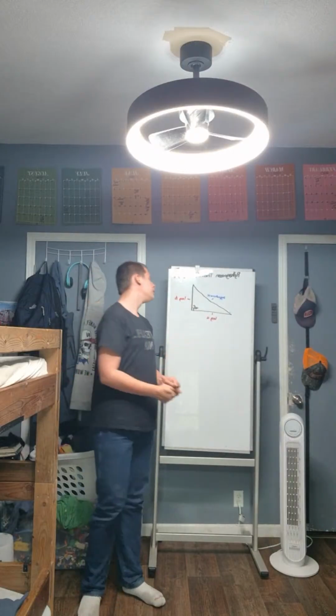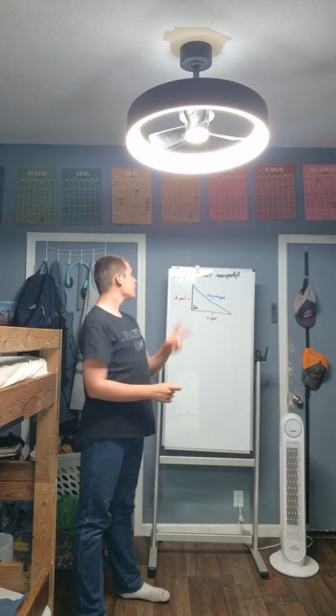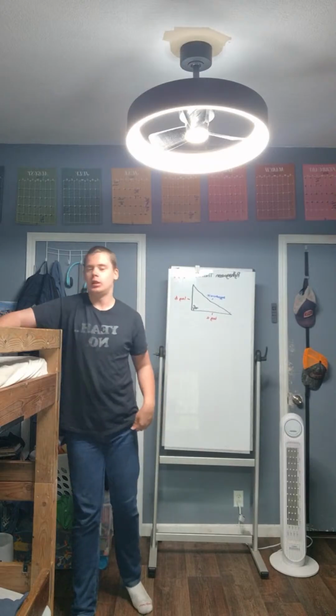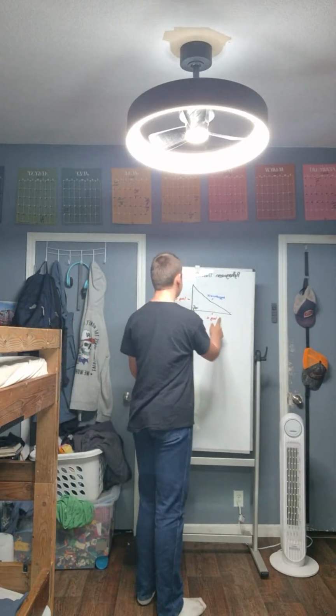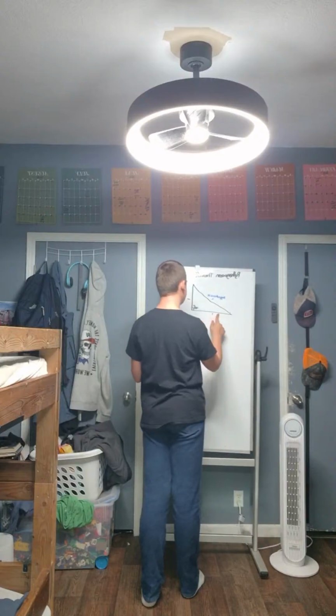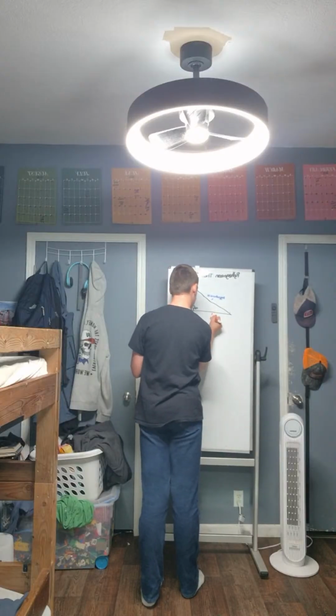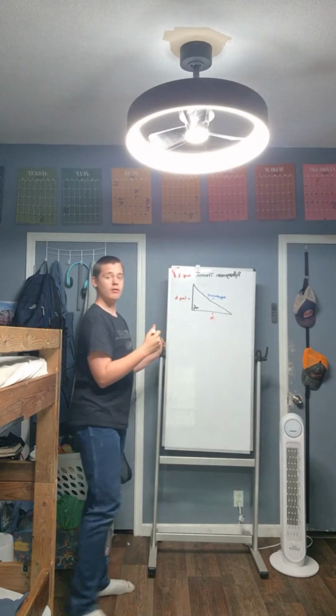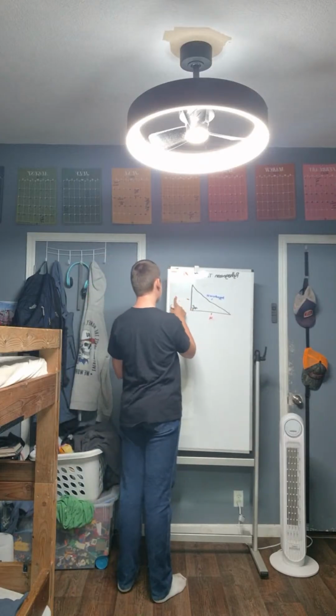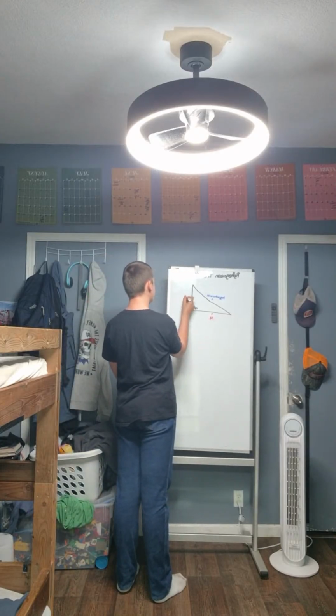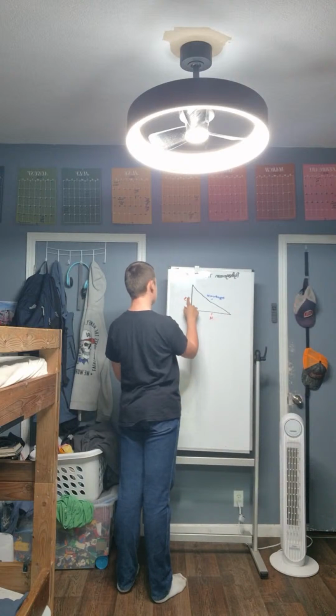The Pythagorean theorem is like triangles and squares. So, what if we find missing angles? Let's say leg A is 4, and let's say leg B is 3, not -3.